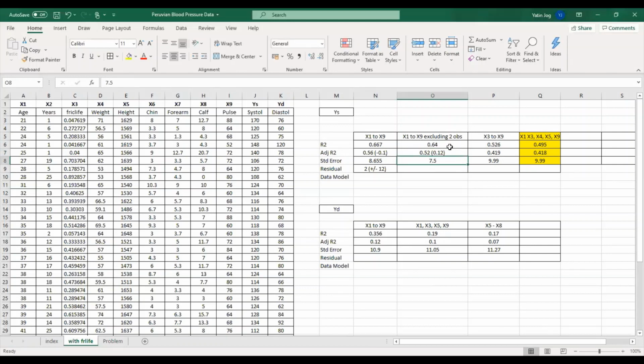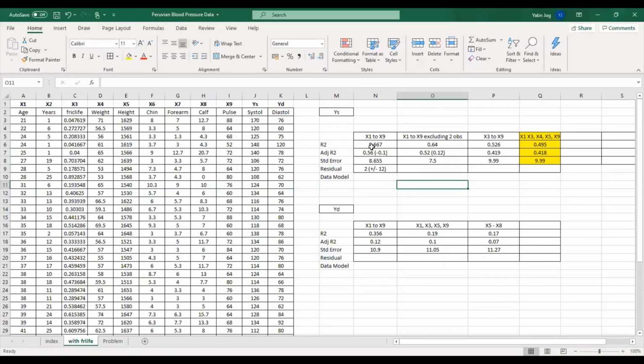Yeah. So if you want to compare only these two data models, what I have written here is residuals. I find two outliers with plus or minus 12, considering standard error of 8.6. Adjusted R square has a difference of minus 0.1 from R square, based on which we decided to exclude these two observations and rerun the data model.